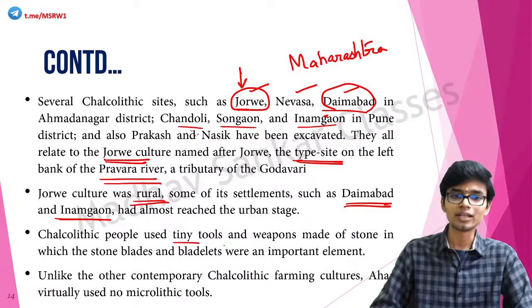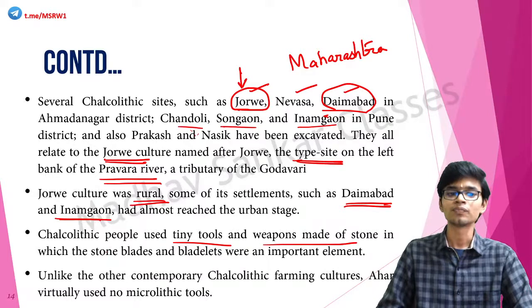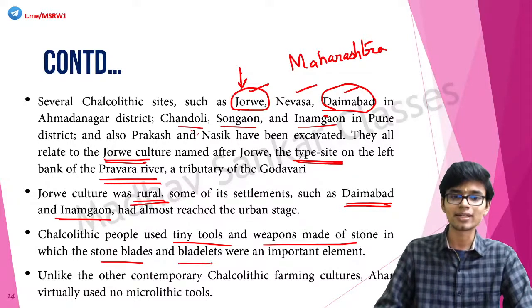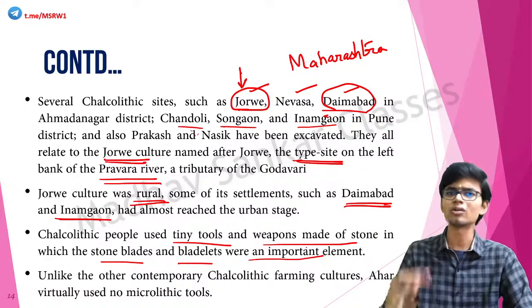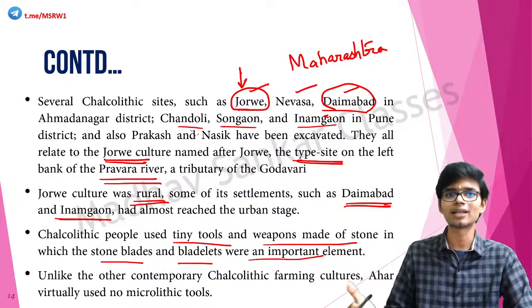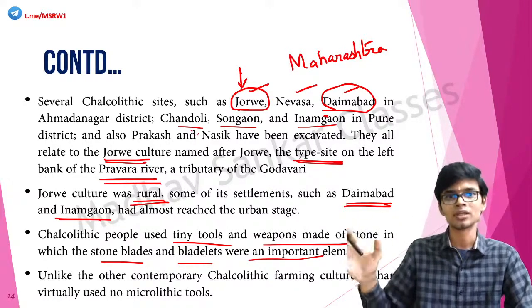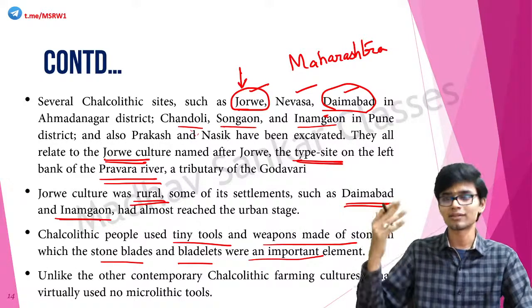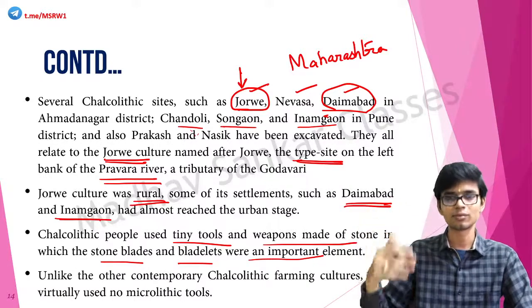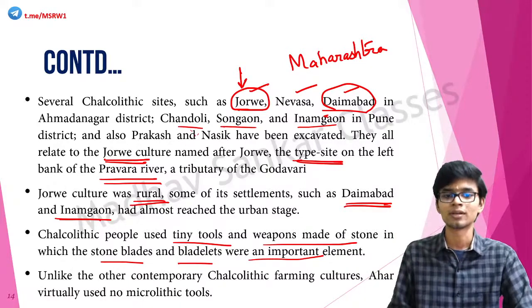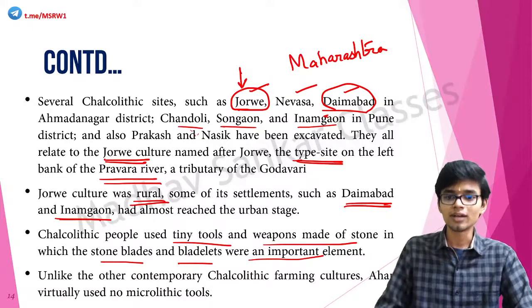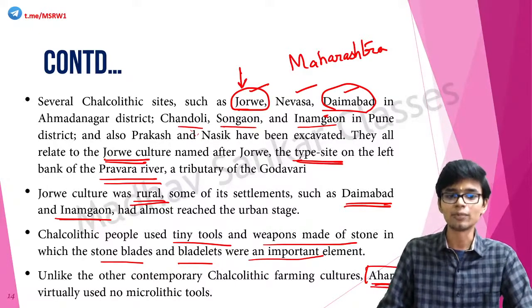Chalcolithic people used tiny tools and weapons made of stone, in which stone blades and bracelets were very important elements. The stones still continued. Don't think that just because they discovered metal, they completely abandoned stone. Stone utensils and stone weapons were still very prevalent in the Chalcolithic period. Unlike other contemporary Chalcolithic farming cultures, Ahar does not have any microlithic tools.